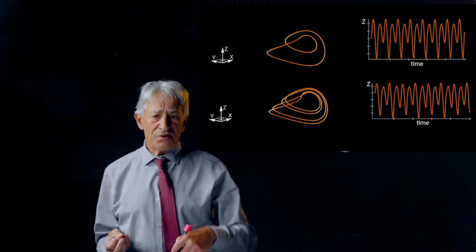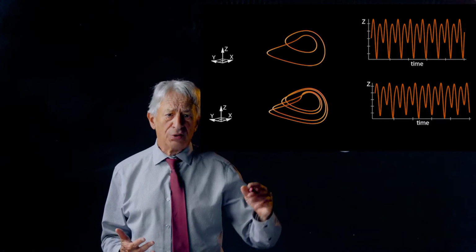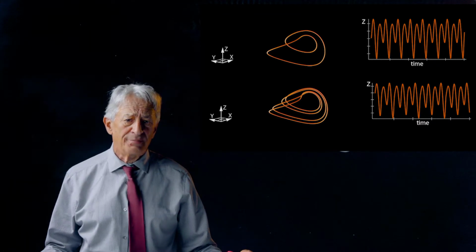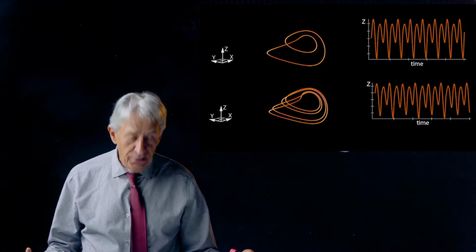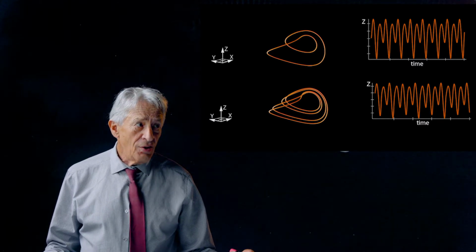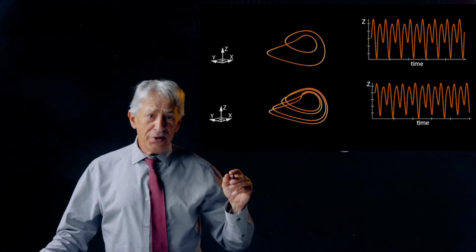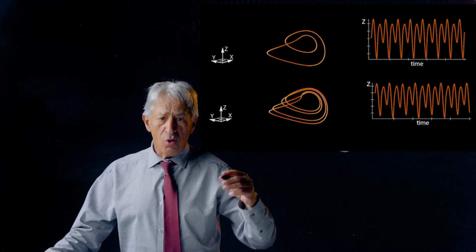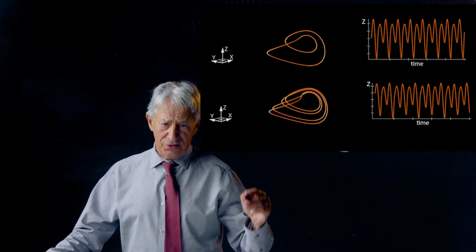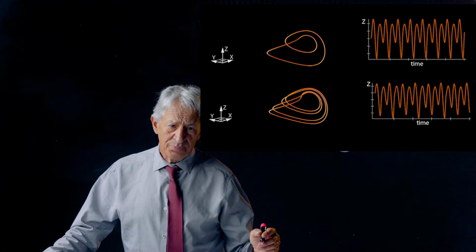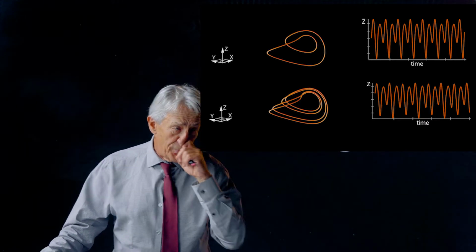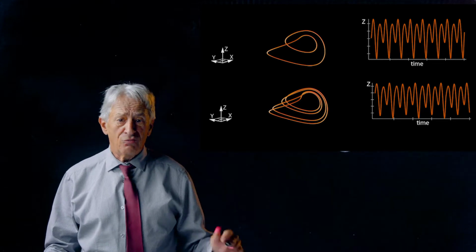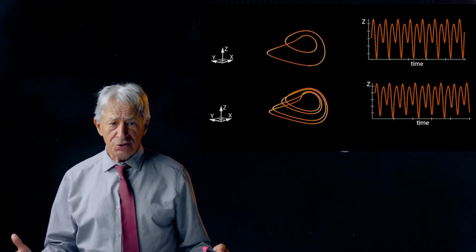So now we have this period 2, this doubled period 2 rhythm. If we increase B1 further, we get a period 4 oscillation, a more complex oscillation. And that more complex oscillation, as you see from the tracing, has a period roughly 4 times the original period.